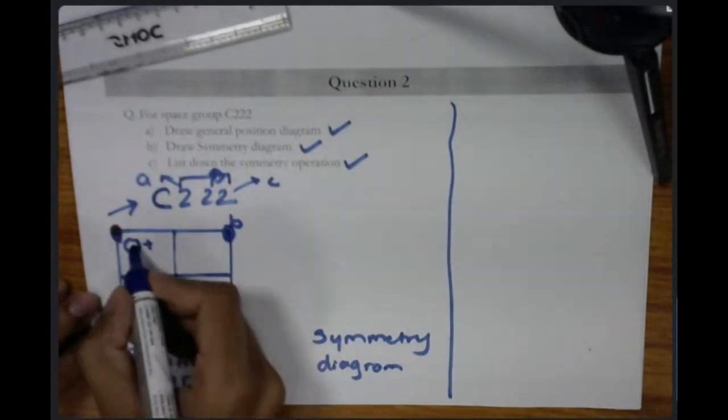Centering is no different. So this point will be reflected over here, and the twofold will also be about this particular axis. Okay.